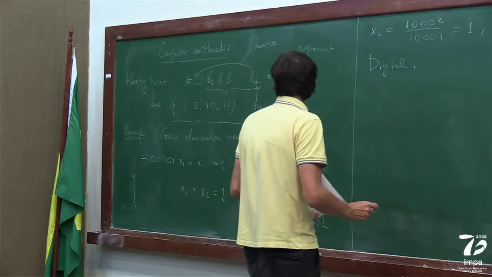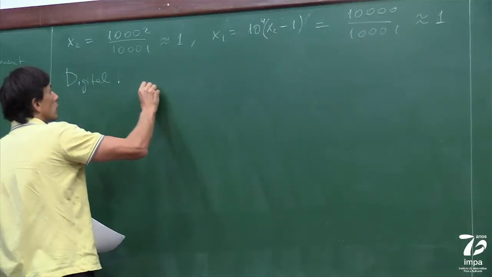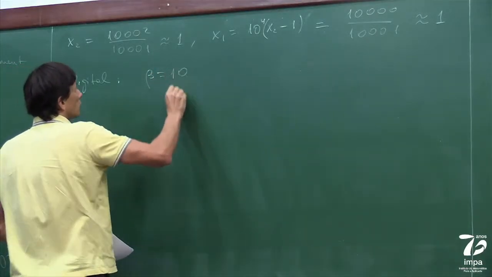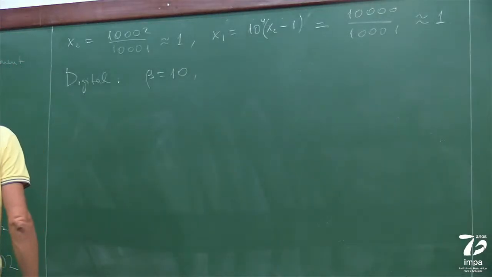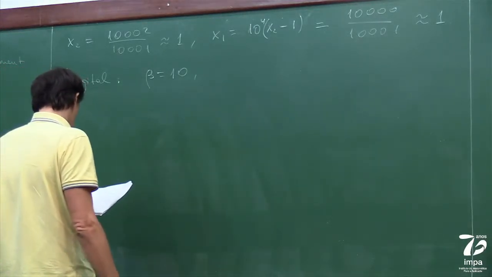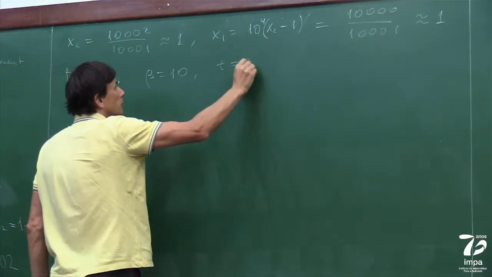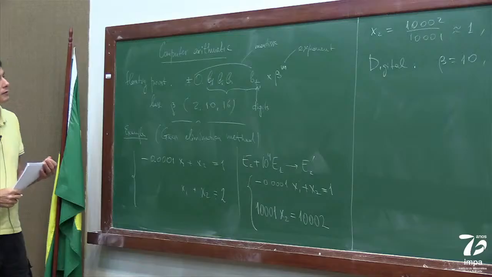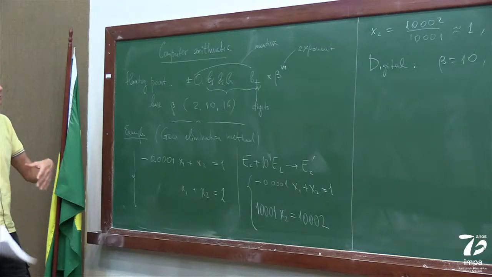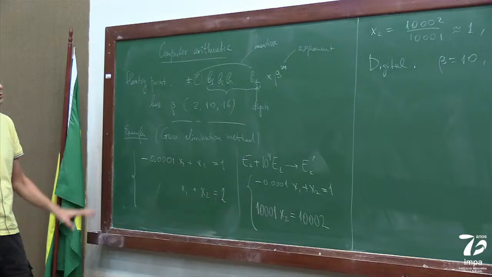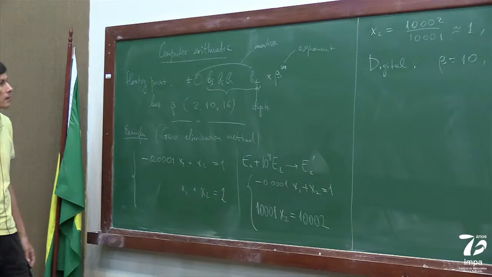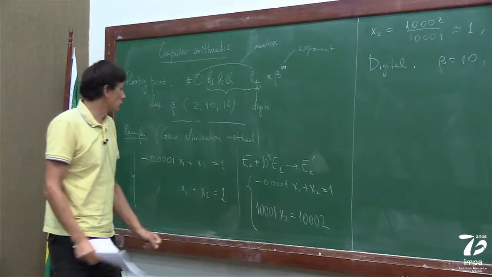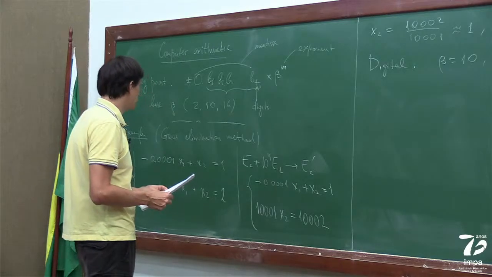So we will be in our usual decimal base, and let's say 3 digits. We keep 3 digits. In realistic situations, we keep 16 digits, but you can have just the same situation in a more complex problem, as we will see now. So 3 digits.